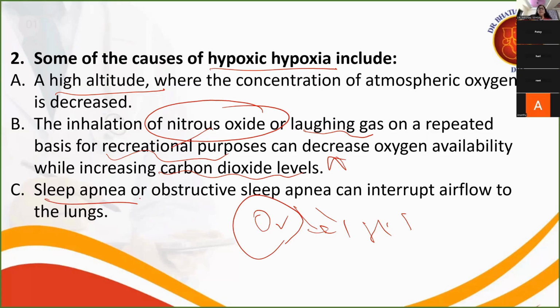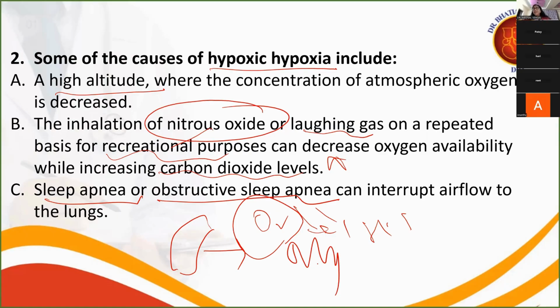Now, in case of sleep apnea or obstructive sleep apnea, during sleep you will find that the patient sometimes is not breathing because of obesity, because of the huge fat mass in the neck area, and because of a thick tongue. The tongue falls back and covers the epiglottis. That can also happen in myxedema.